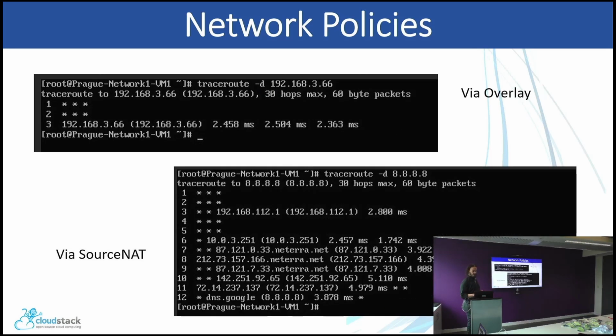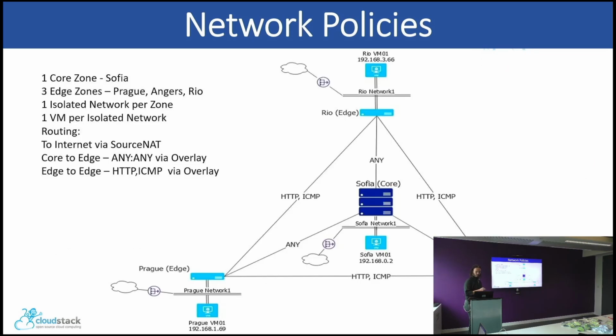And the traffic between my zones, my networks in the zones, goes through this overlay, but out to the internet still goes locally. So there's no need to backhaul traffic to a central site. And that's how I get to this solution.